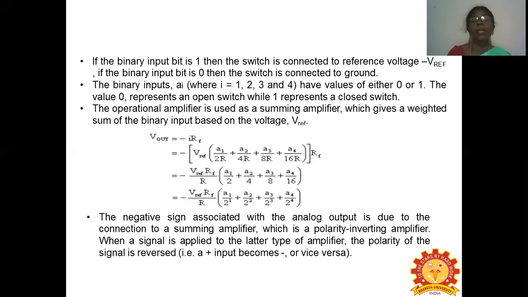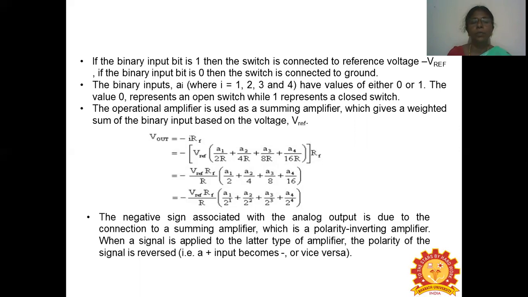Therefore, the operational amplifier is used as a summing amplifier here, which gives a weighted sum of the binary inputs based on the voltage V reference. Therefore, the output voltage V output is equal to minus I into RF.